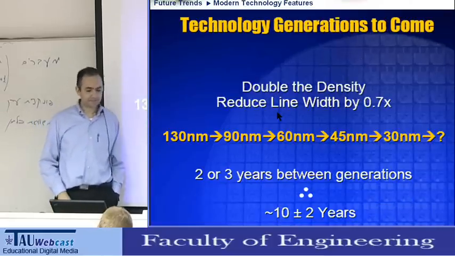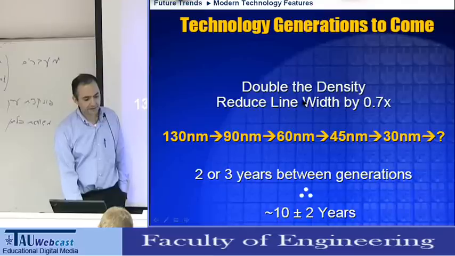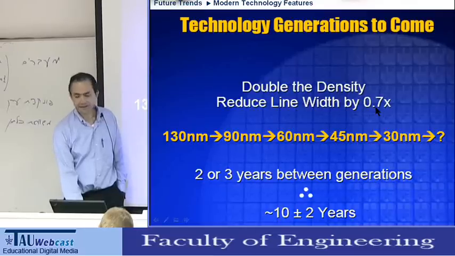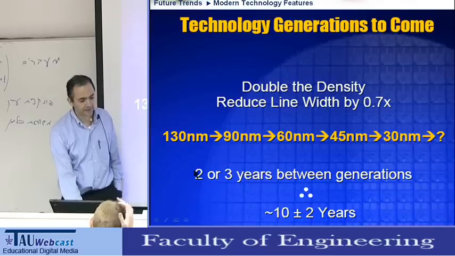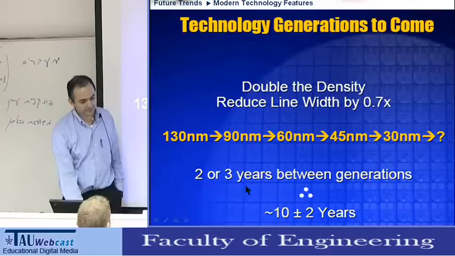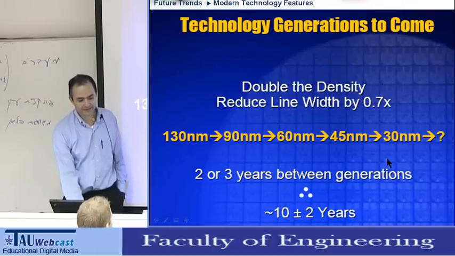Okay. So we mentioned that we doubled the density, a factor of the square root of 2, every 18 months. And we don't know what will happen next.